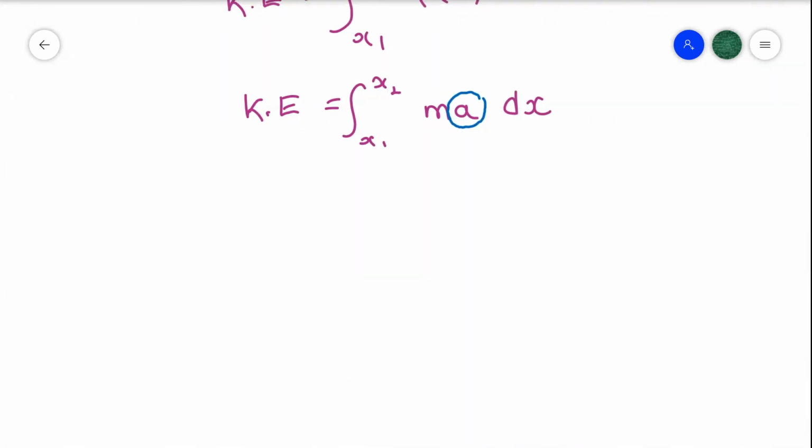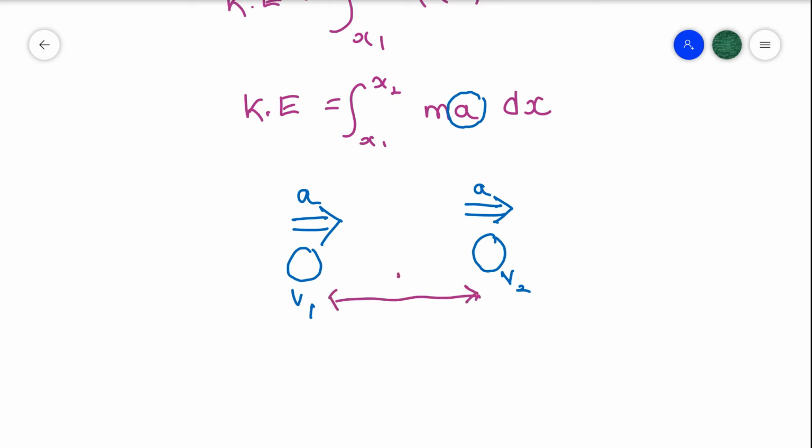Acceleration of an object occurs when the object is initially moving at v1, and if the object is accelerating, the velocity would change into v2, with constant acceleration. That means we have a change in velocity of this object from here to here. The change in velocity is dv.